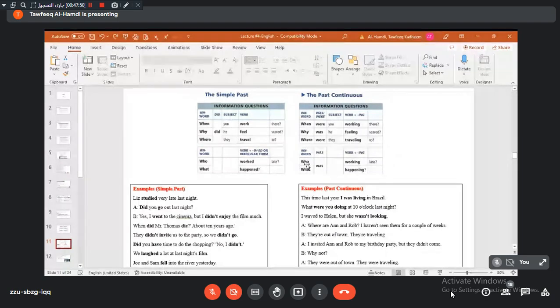And additional examples are listed in the following paragraph. So I can say, for example, Liz studied very late last night.